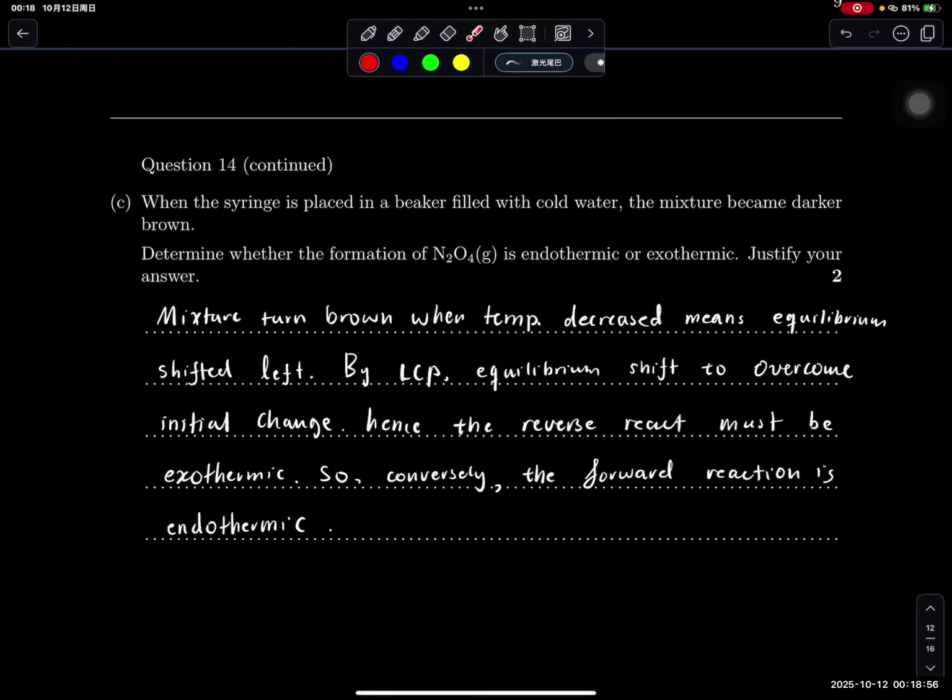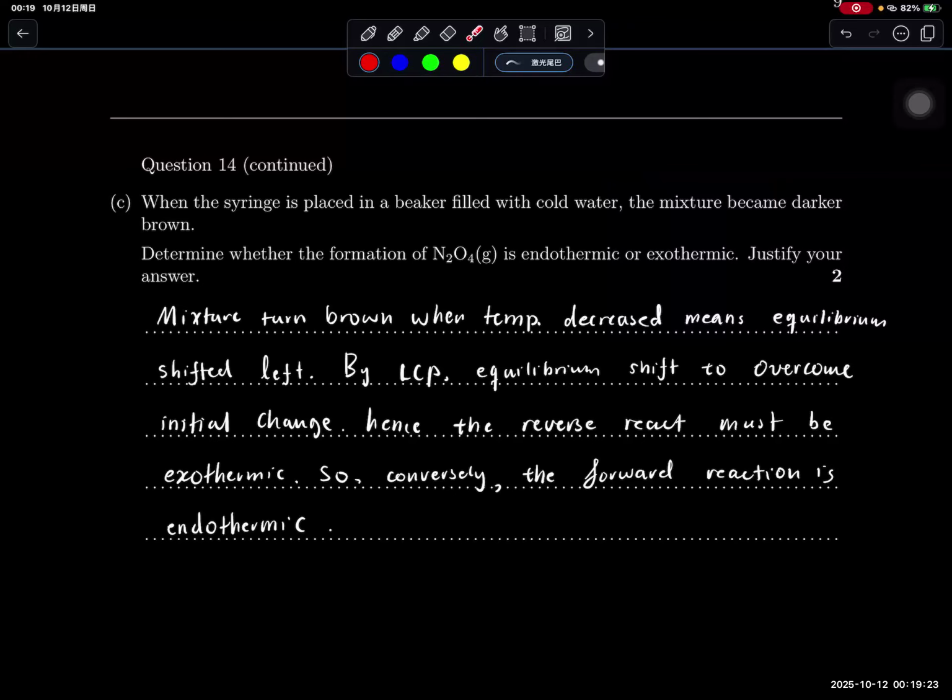Cold water means the temperature decreases. This is the change, and it causes the reaction to shift left. By Le Chatelier's principle, the system is trying to minimize this temperature decrease. That means the cause is exothermic to do so.